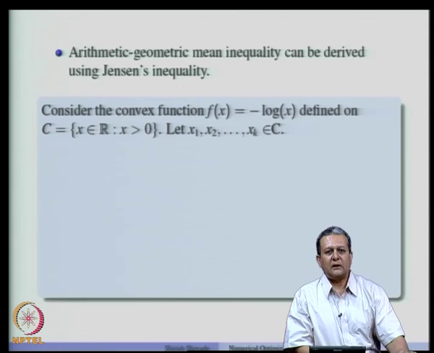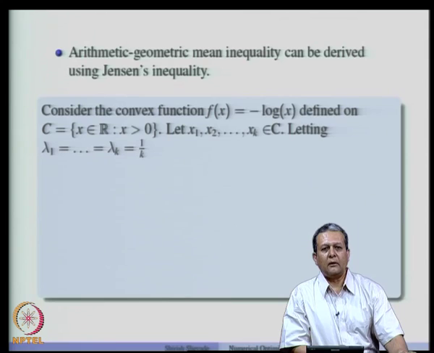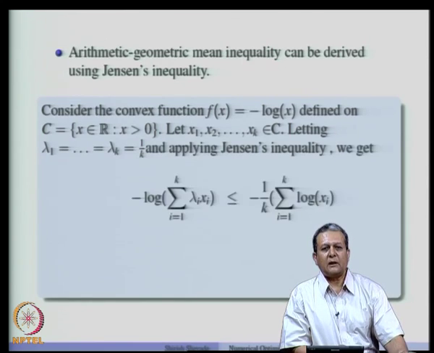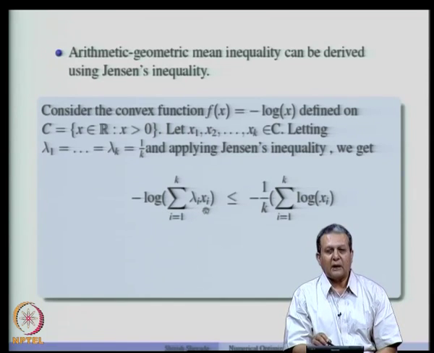Let us consider x1 to xk to be k points in the set C, and let us assign lambda to be 1 by k for all the points. Then if we apply Jensen's inequality, what we get is that minus log of sigma lambda_i x_i is less than or equal to minus 1 by k sigma i going from 1 to k log of x_i.